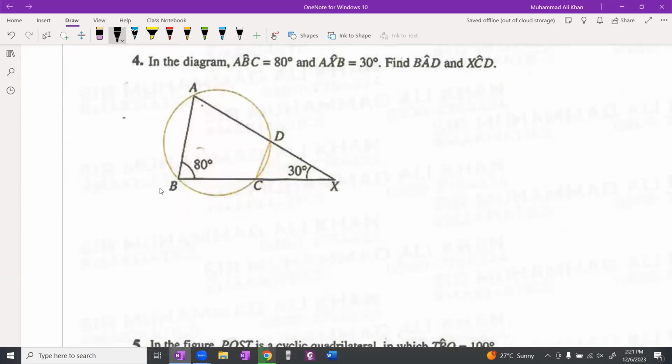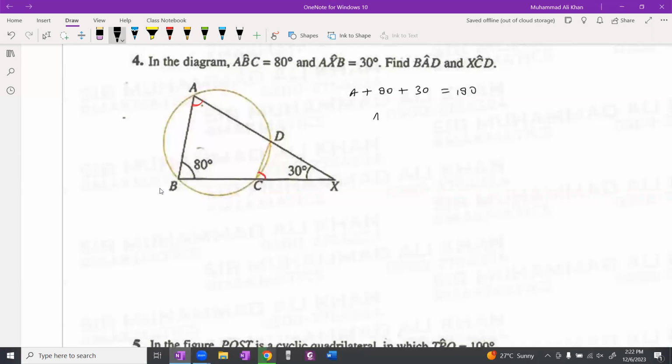Next, question number 4. We have to calculate angle BAD, this angle, and angle XCD, this angle. Let's calculate. In the big triangle ABX, we have 80, we have 30, so we are able to calculate angle A. Angle A plus 80 plus 30 equals 180.